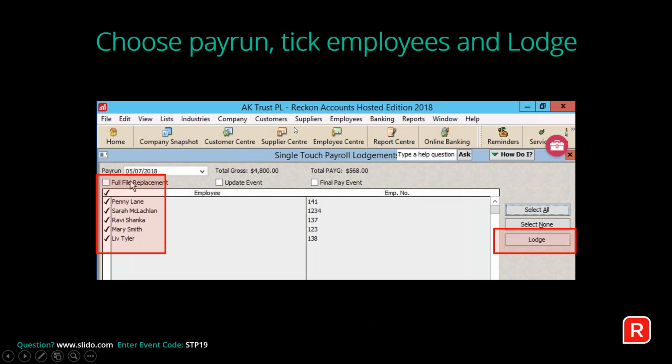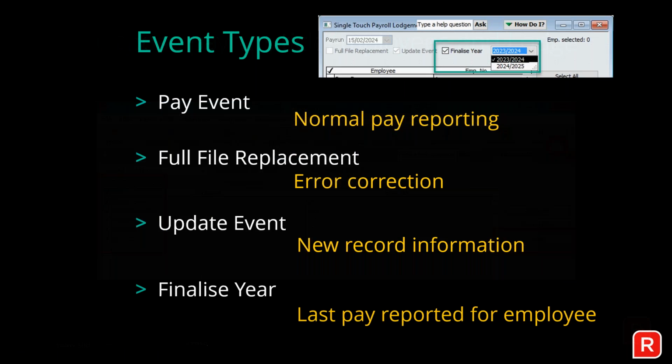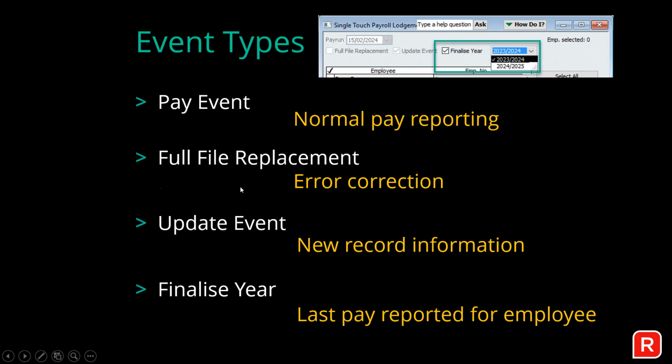Just to explain a bit further on this screen, you'll notice that there's also a few other options. If you're doing a normal STP lodgement, you select all the employees and then select lodge to submit a normal STP submission. If you select full file replacement, that's if anything in the STP file is corrupt or there's just too many errors within your previous submission, you can submit a full file replacement.